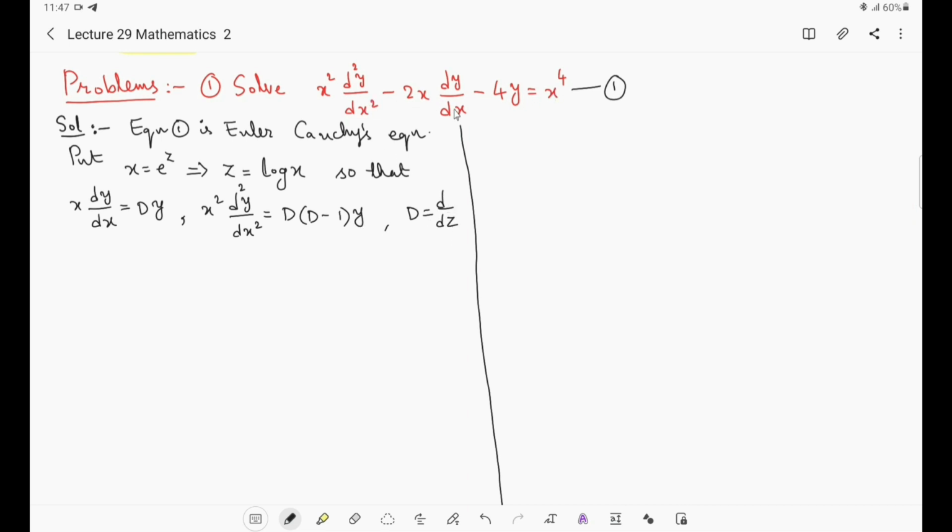You see that x into dy by dx can be replaced with this, and x square d square y by dx square can be replaced with this.